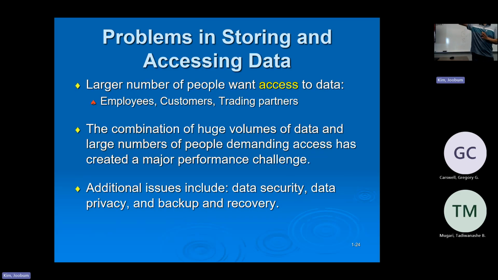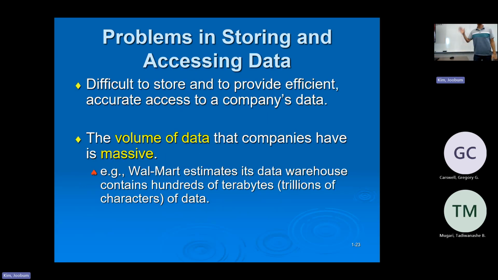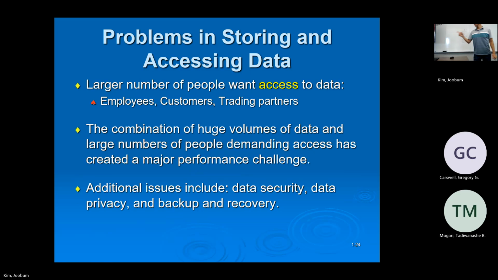First one goes there, second one goes there, third one another, fourth another. So it distributes to reduce the load, the number of access attempts. Okay, so the main problems are the volume of data and access at the same time, the concurrency problem.